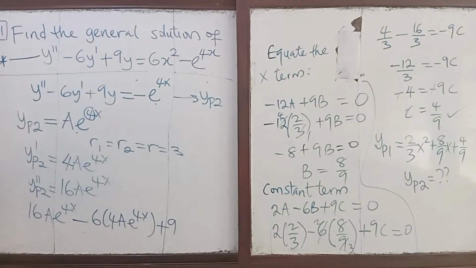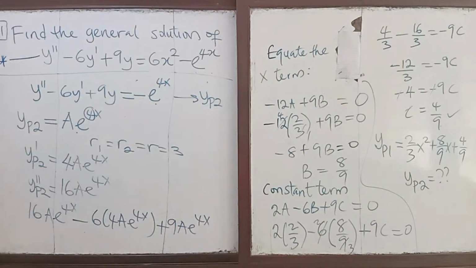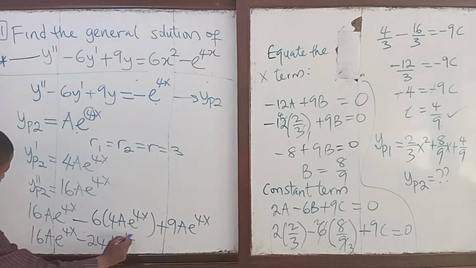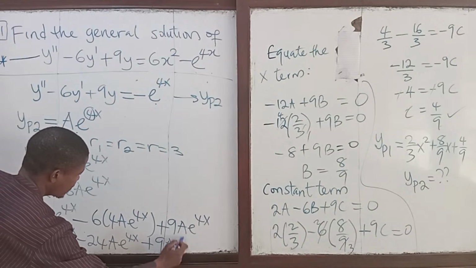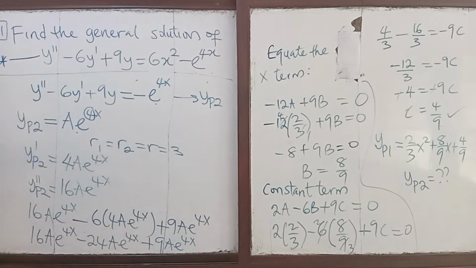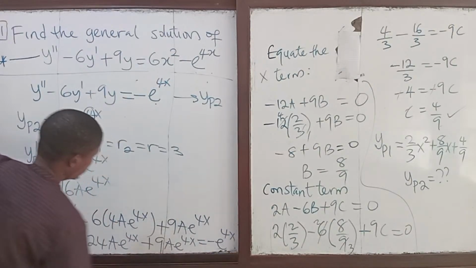My y is a e to the power 4x. So you can add everything together. This will be 16 a e to the power 4x minus 24 a e to the power 4x plus 9 a e to the power 4x equal to what? Equal to minus e to the power 4x.